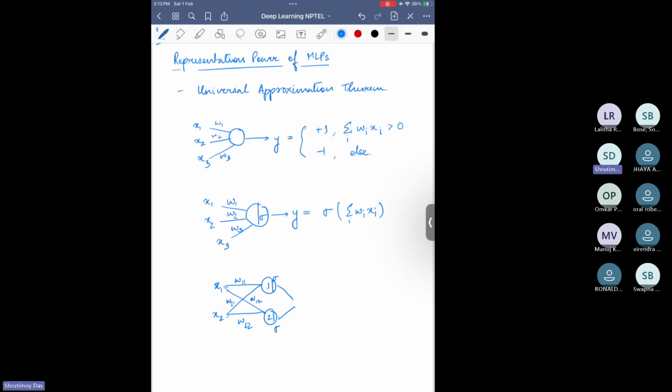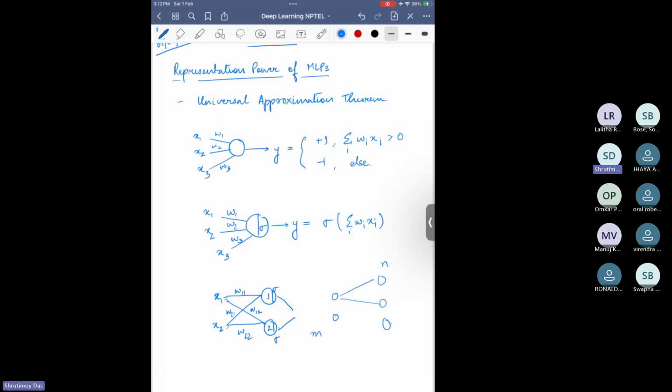Suppose in the previous layer you have m neurons. Each of these will be connected to the n neurons, so the total number of weights is n times m.